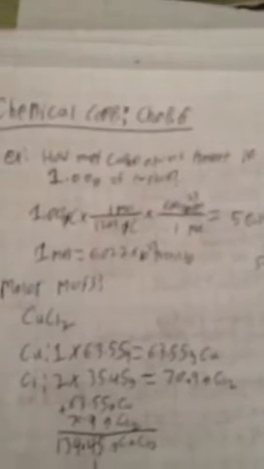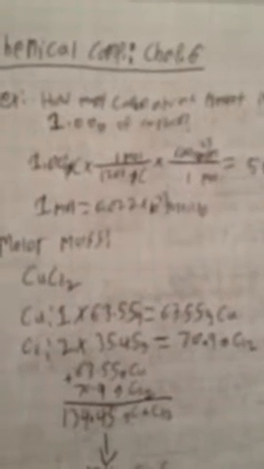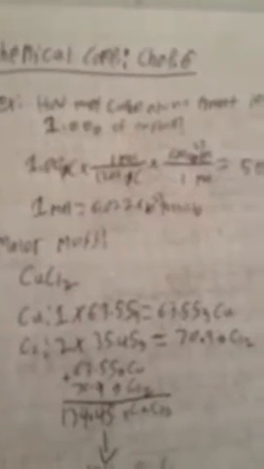You want to see how many atoms are in it. You're going to take 1.00 grams of carbon, divide that by 12.01 grams, that's the atomic mass of carbon, or whatever element you have.